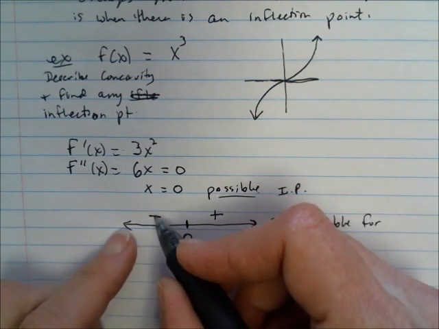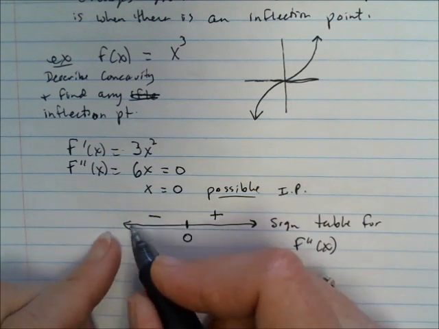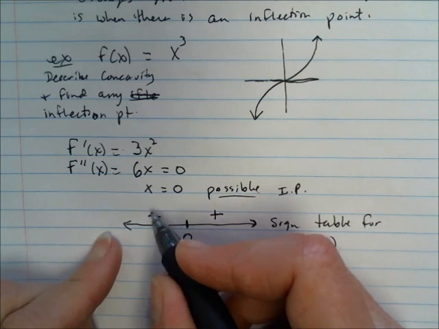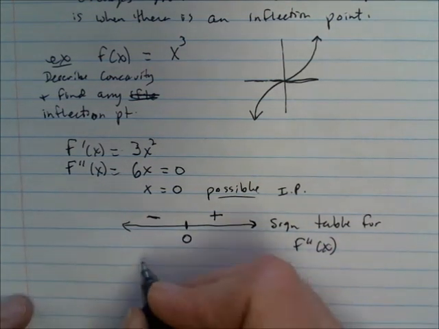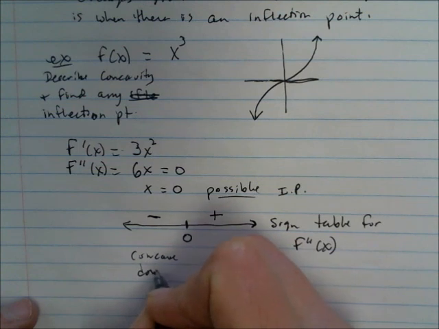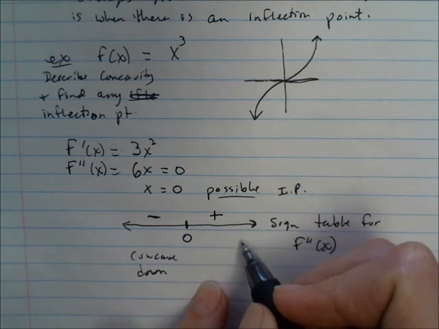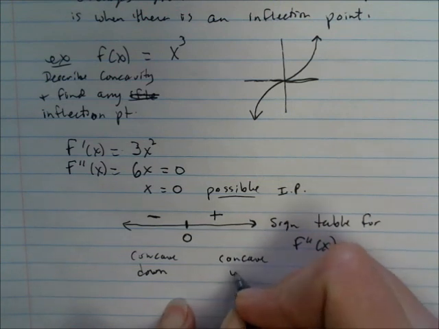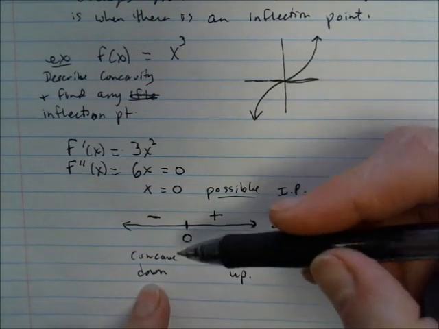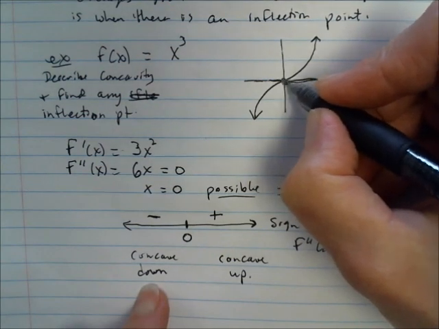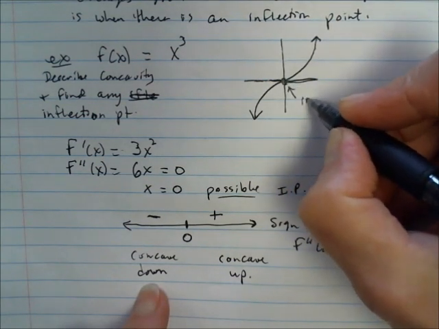So what this means is that to the left, or anything less than x equals 0, this is going to be concave down because the second derivative is negative. And then over here, anything greater than 0 is going to be concave up. So in this particular example, x equals 0, or this point right here, is an inflection point.